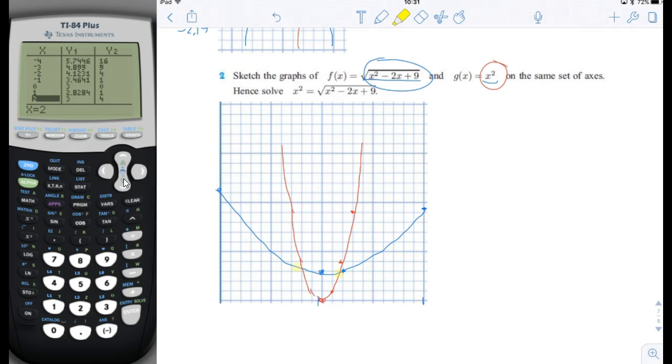Let's find those intersections using second calc intersect. So first curve is this square root function, yes. Second curve is the x squared function, yes. And our first guess, we're going to move closer to that one, and we'll hit enter, and the intersection is negative 2.04.